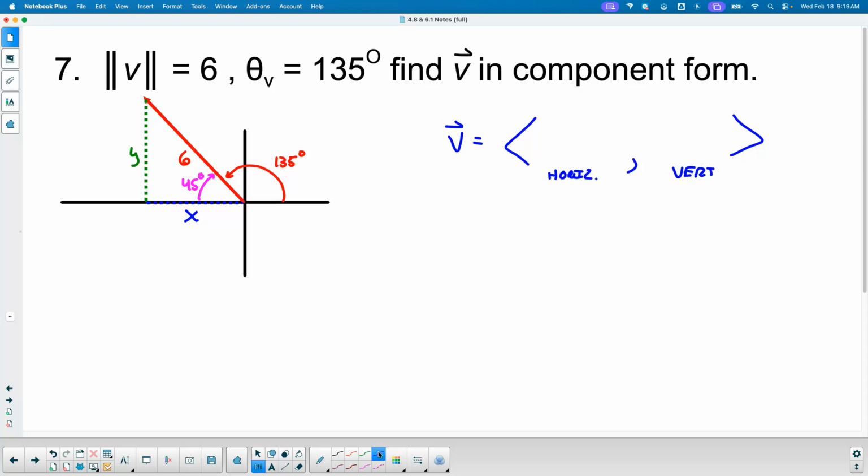For x? Cosine. So the cosine of 45 is going to be x over 6. So x is going to be 6 cosine of 45. Yes? Okay. Cosine of 45 degrees is root 2 over 2, correct?